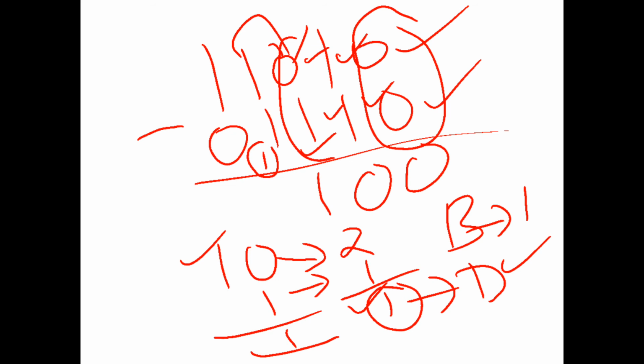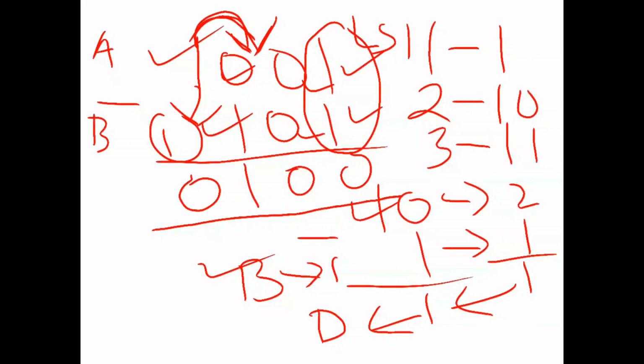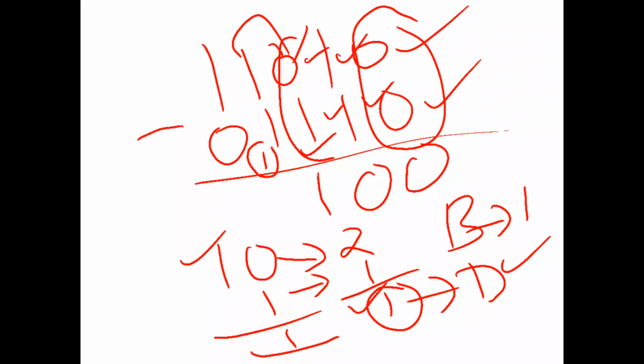So let us discuss this position now. Just like this example, 1 minus borrow needs to be subtracted, it becomes 0. The same thing we will apply here, 1 minus 1 is 0. So 0 and 1.